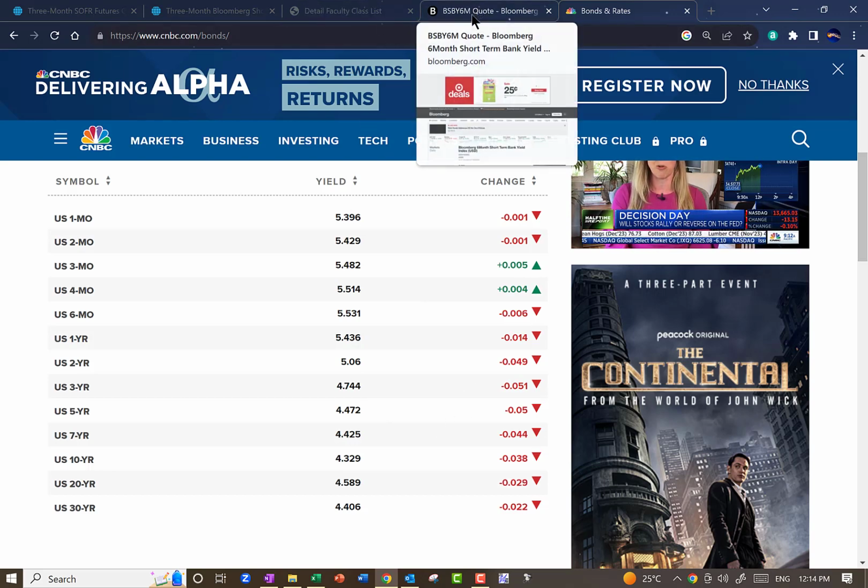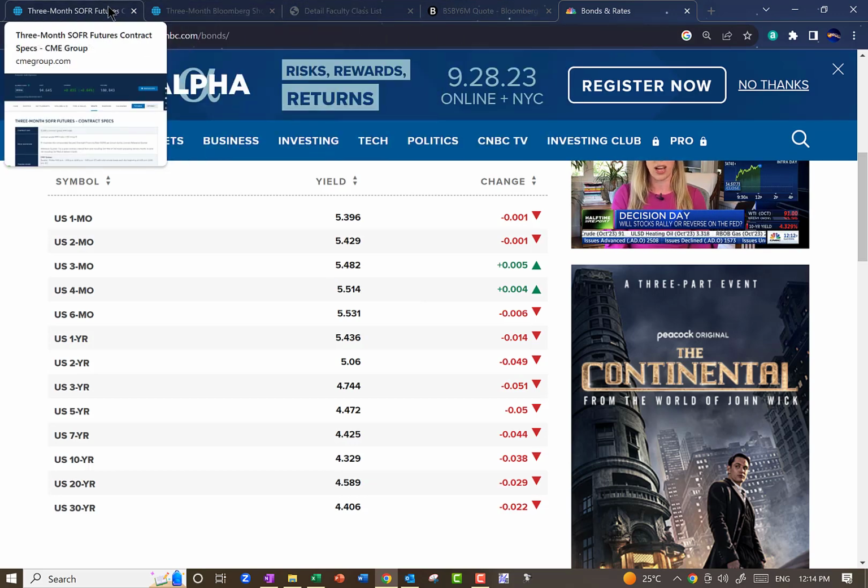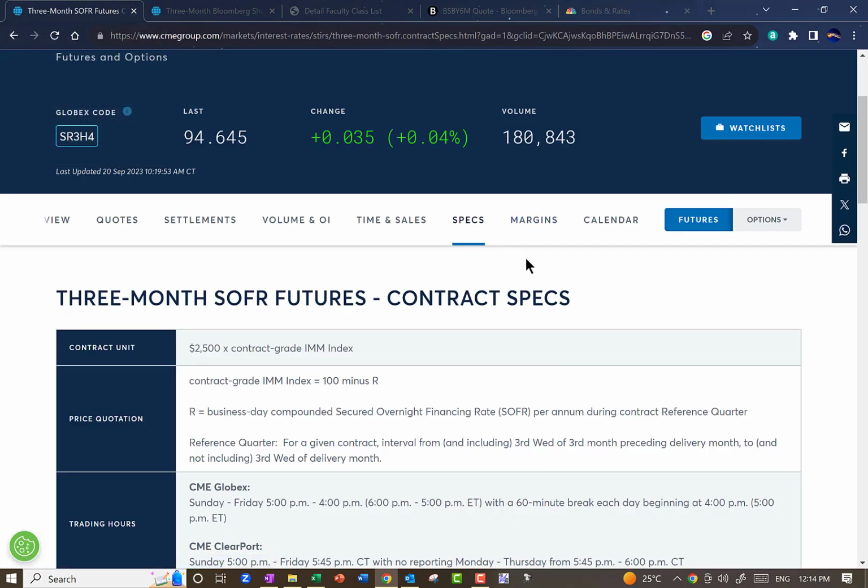The averaging started, I think, in June, but I need to read more about that. But either way, it's too complicated. Both BSBY and 3-month yield futures are very clean. They look at what that rate is going to be on the last day of the contract. So that is a true forward interest rate in that sense.